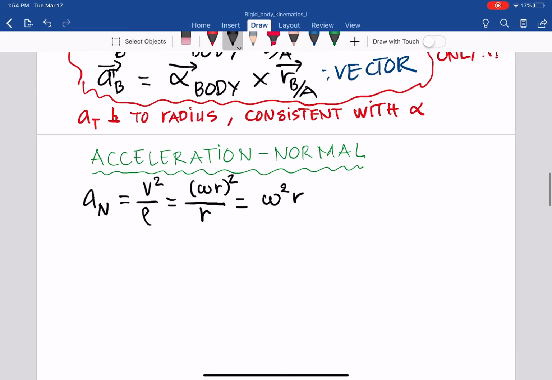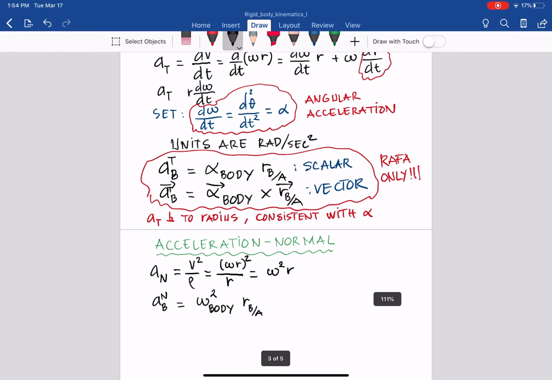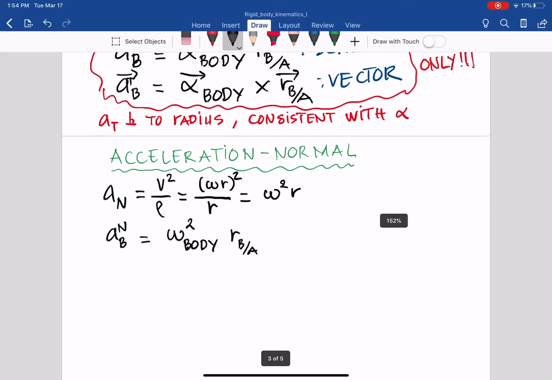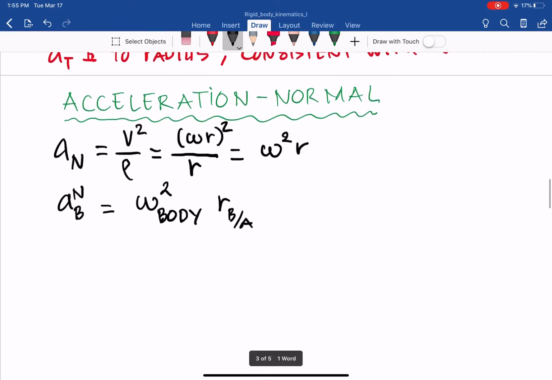So from that, we can have the two equations for normal acceleration. A_BN for normal components will be equal to omega of the body, because when we talk about omega, we talk about that body, square, times radius B relative to A, or from A to B. And same with alpha here, we talk about the body properties.